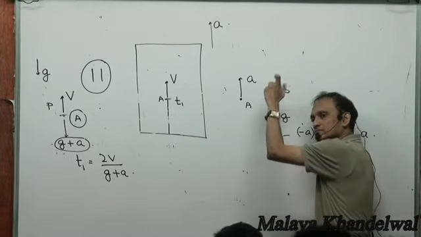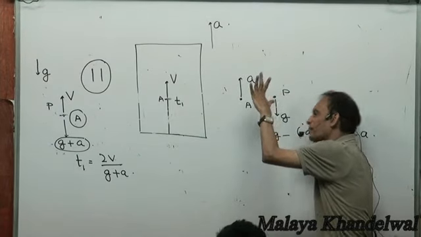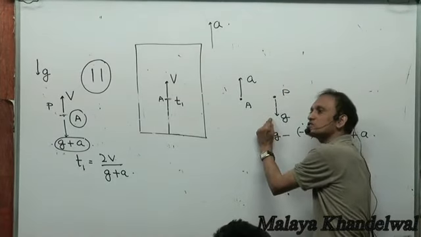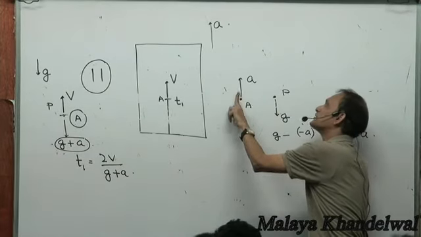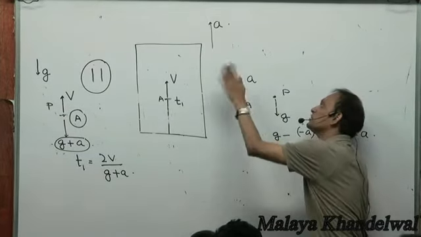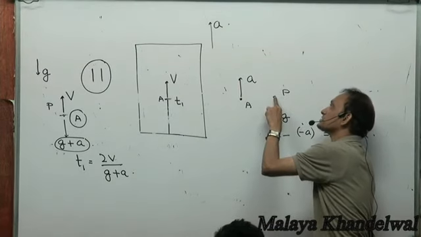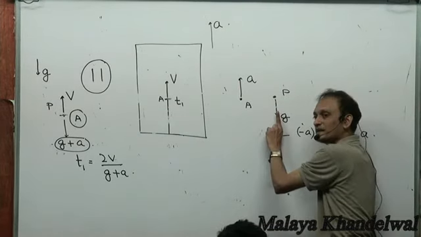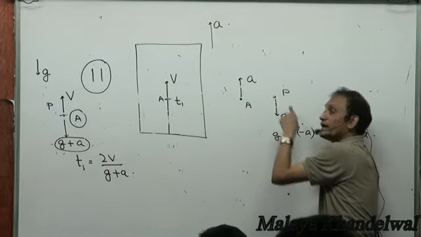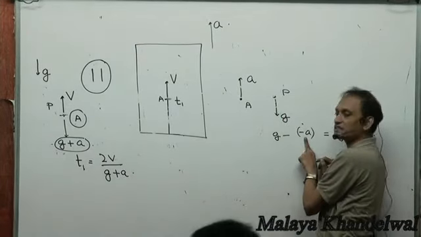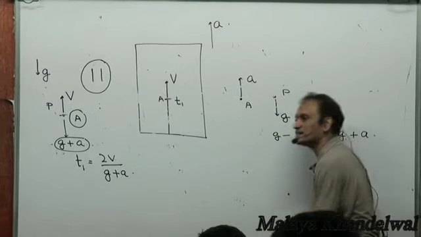When released, when left by A, it has g downwards because it's solely at the mercy of gravity, and the acceleration of A is upwards. But in an equivalent situation, I would look at the acceleration of P with respect to A, which is g plus A, where A is fixed and P now has an acceleration of P minus acceleration of A, which is g plus A downwards, yes or no?